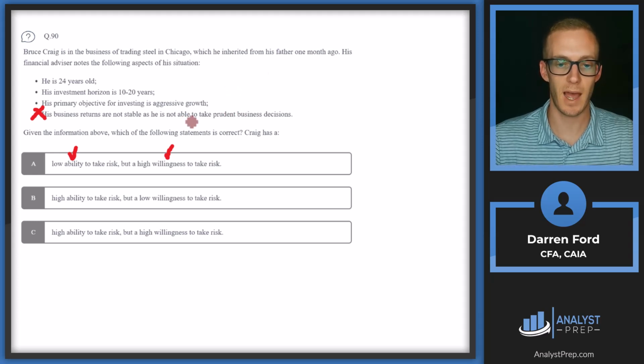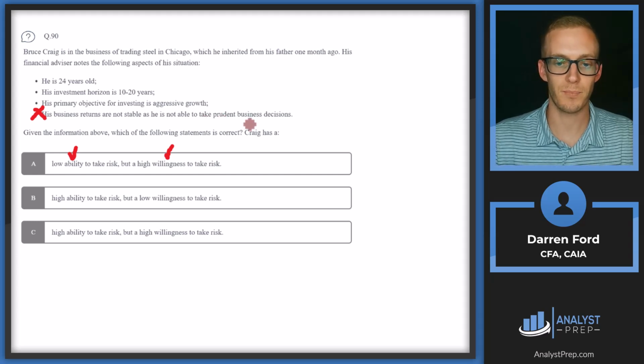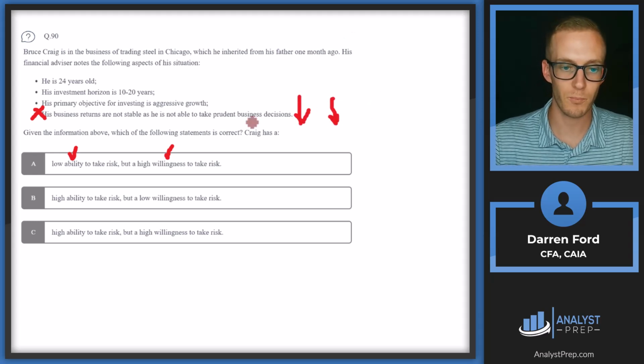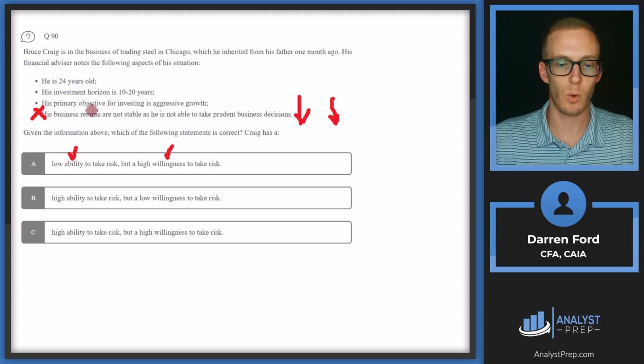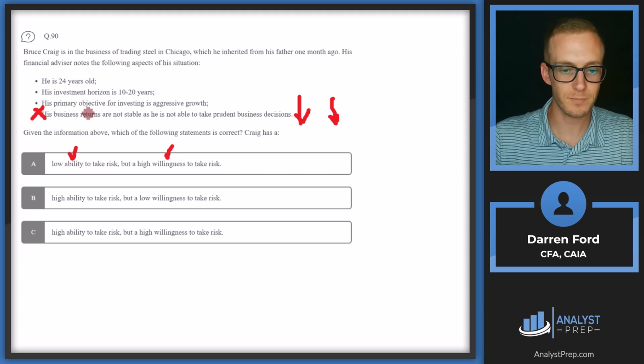So that's going to leave him with low ability to take risk, because often the business and economy might follow what the stock market is doing as well. So if his business isn't doing well and he's invested too aggressively, then he may be in kind of a double whammy situation where his business is down and so is his portfolio, and then he's having to draw out of a down portfolio. So having a volatile business or income in general is going to be a big hit on your ability to take risk.